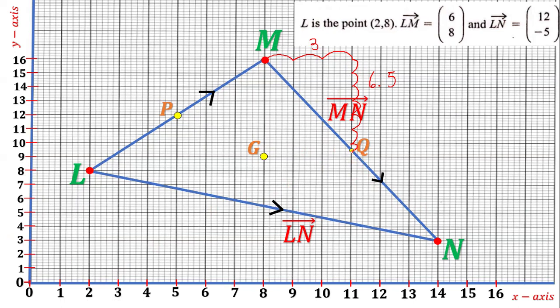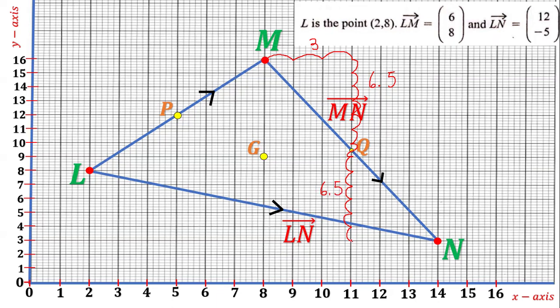Okay, so let's look at this. We move a half, and then 1, 2, 3, 4, 5, and 6. So this is also 6.5 in the y direction.